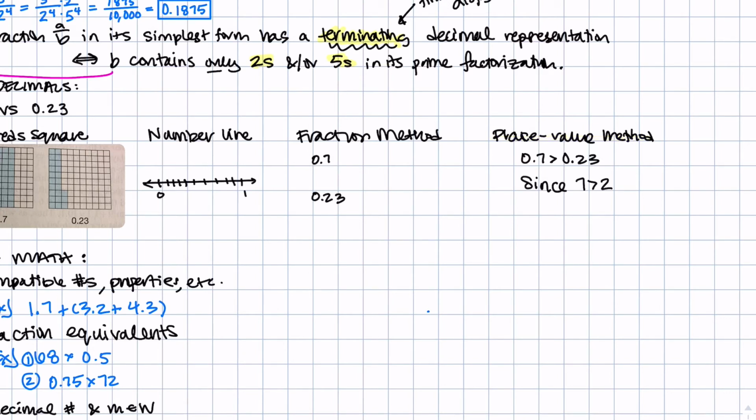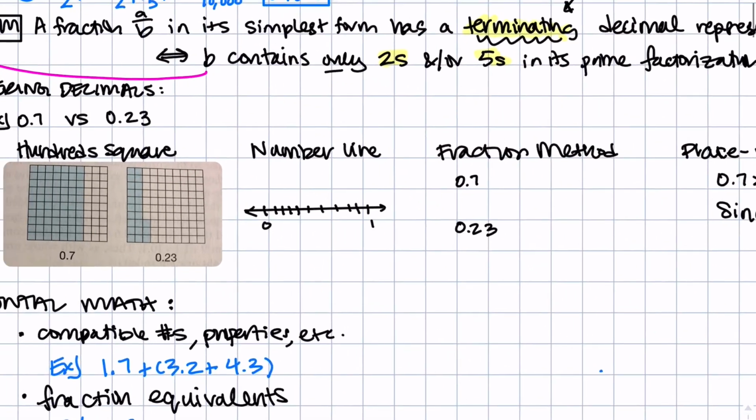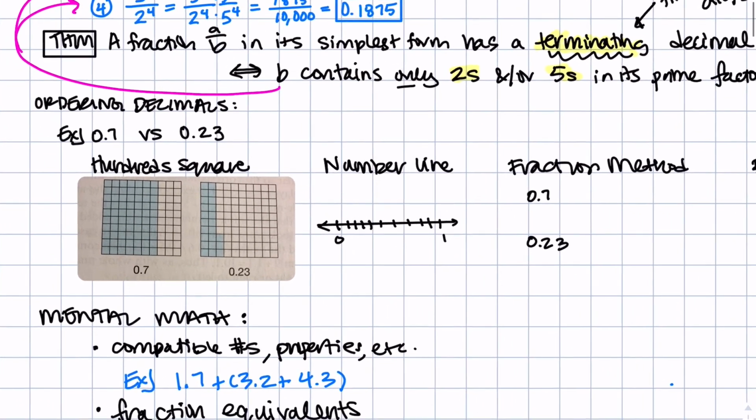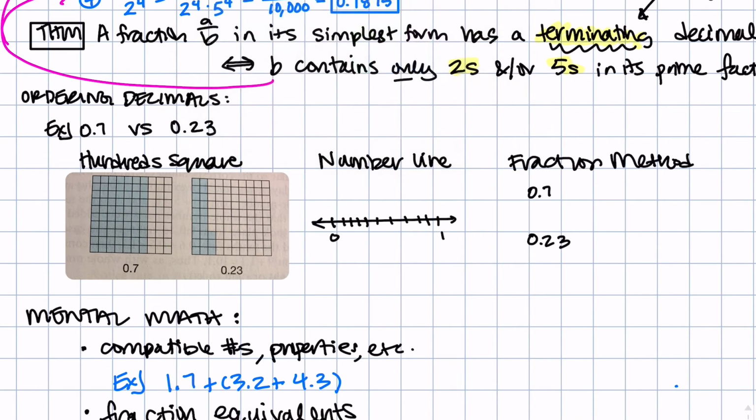But there are other ways of visualizing and understanding this ordering, outside of a more nuanced understanding of place value. One very nice visual is, again, the hundredths square.